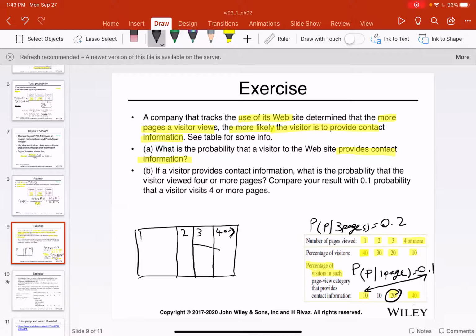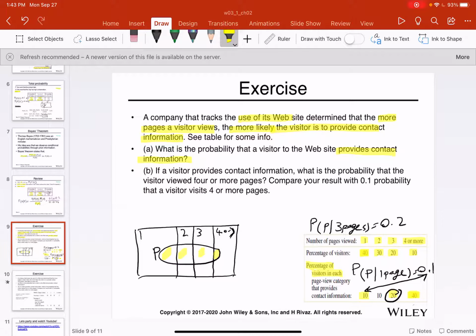And this will be providing contact information, right? So we note this guy as P. Right? So the probability of P is going to be this part plus this part plus this part plus this part, right? The summation of those 4, right?